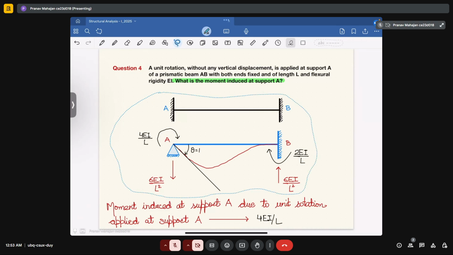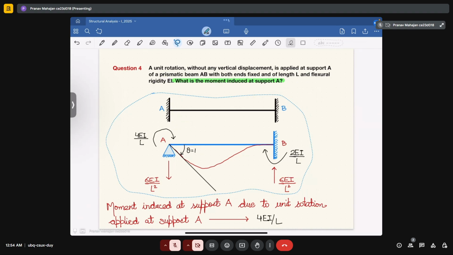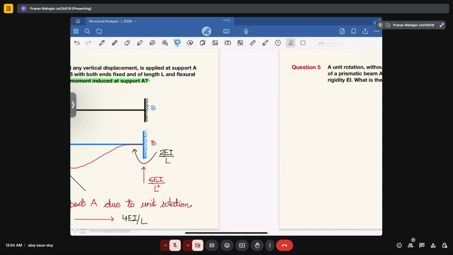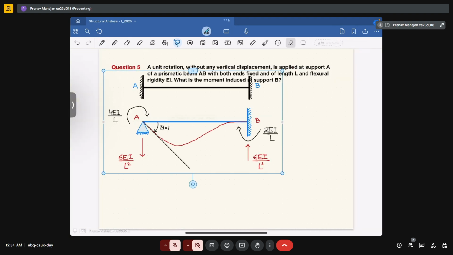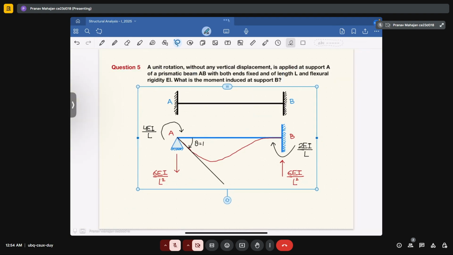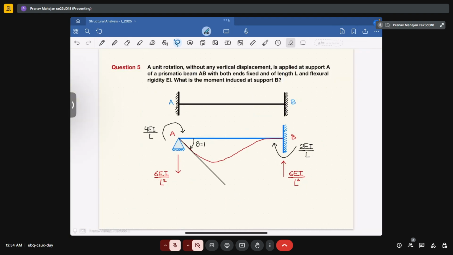Okay, as we have already defined all the values in this, you can say that the moment induced at the support B will be equal to the carryover moment due to the unit rotation provided at the support A.